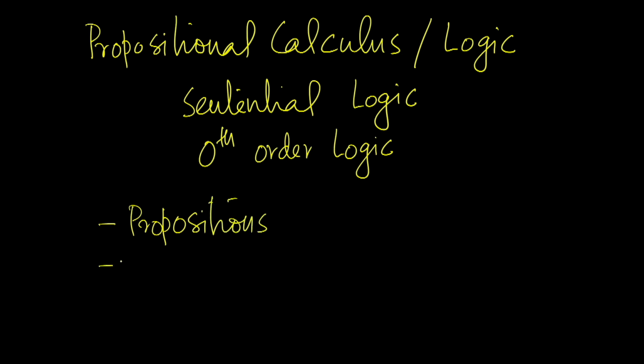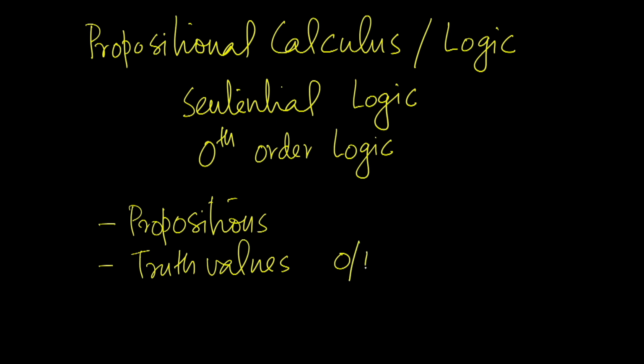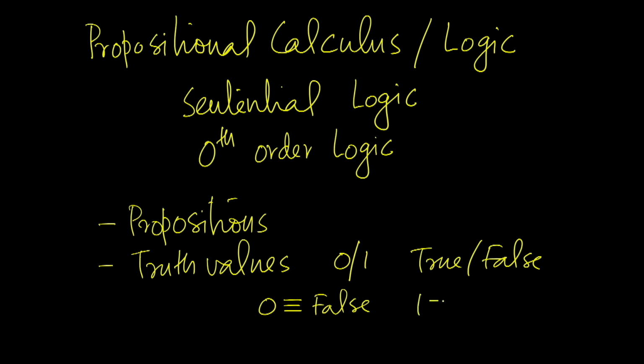These propositions take on truth values. The only semantic entities that we deal in propositional calculus are truth values. The truth values could be 0 or 1 or true or false. 0 corresponds to false and 1 corresponds to true.